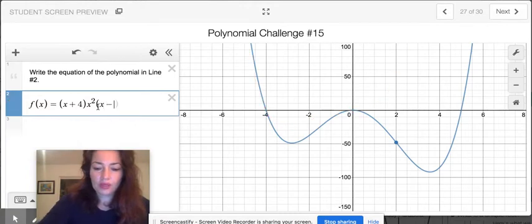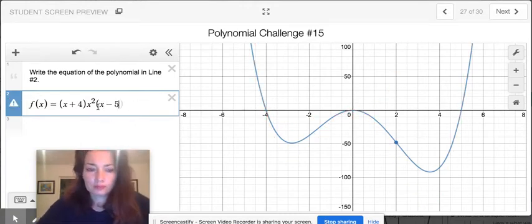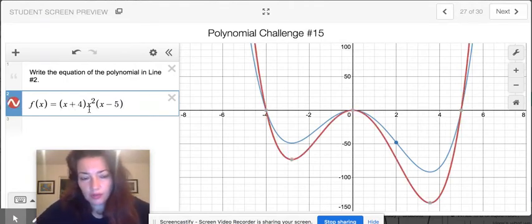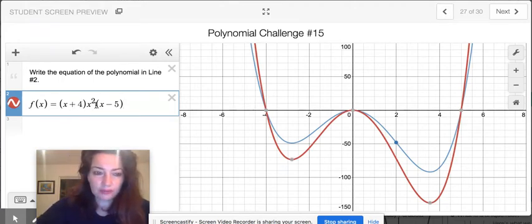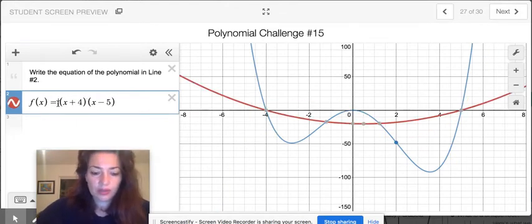So x minus 5. And also the x squared, it doesn't matter the order in which you write the factors. I will put this in the front. So x squared here in the front.